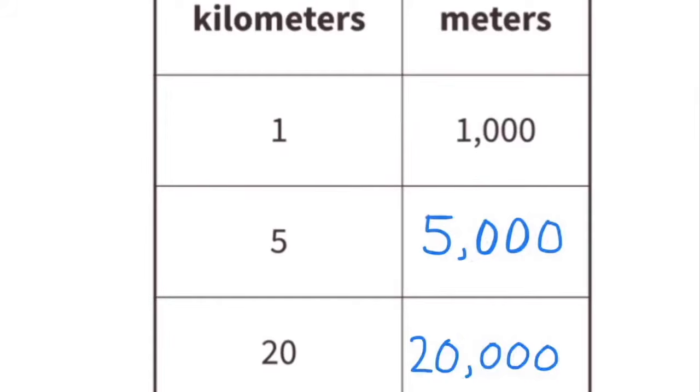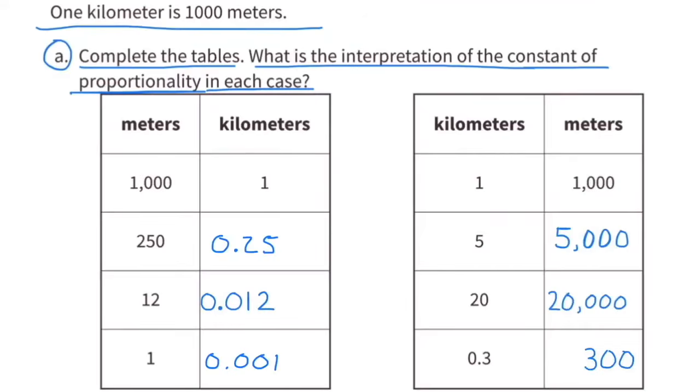So for every 20 kilometers, you'd have 20,000 meters. 3/10 of a kilometer would equal how many meters? Well, 3/10 times 1,000 is 300. So for every 3/10 of a kilometer, you would have 300 meters.